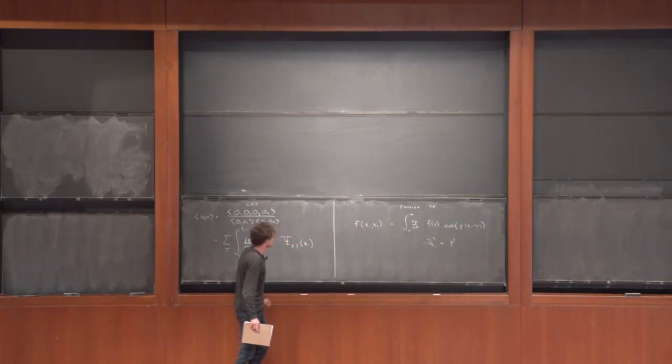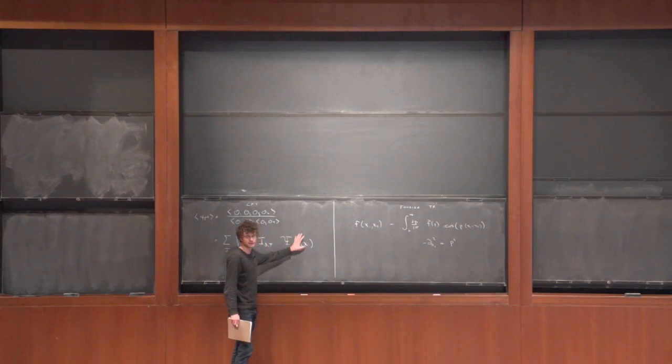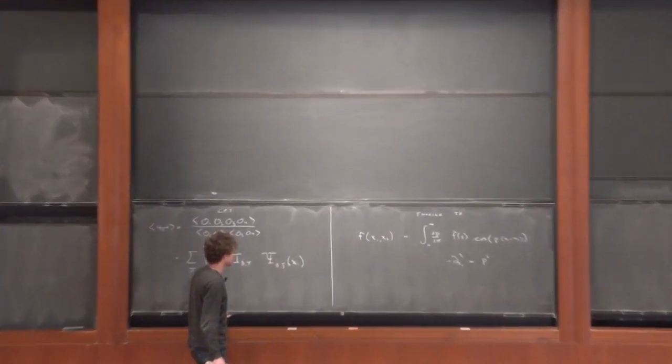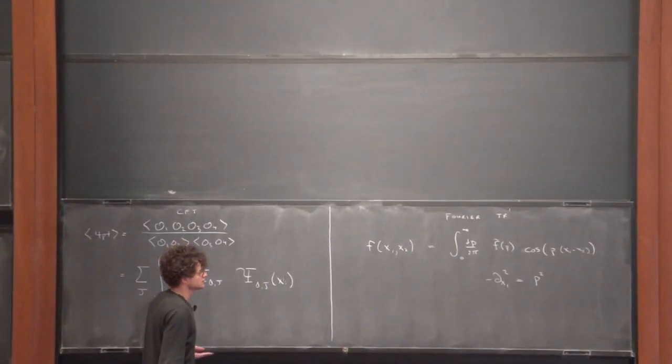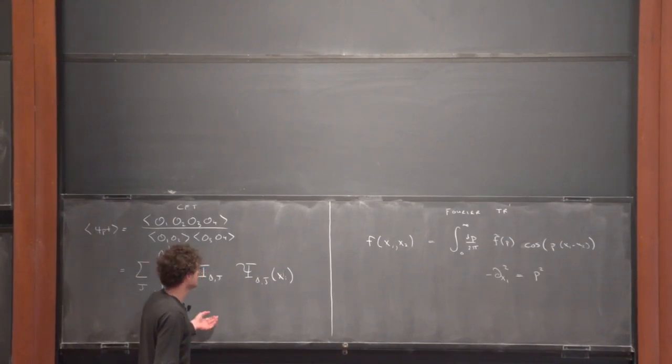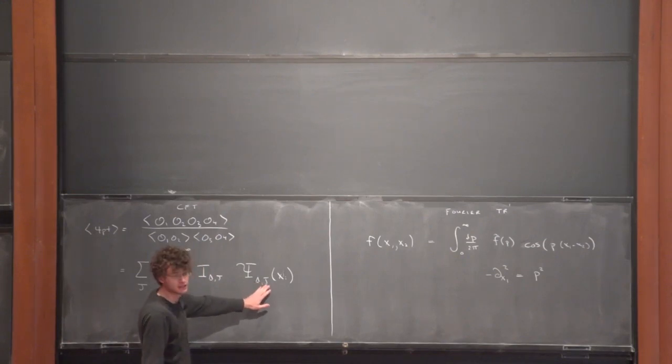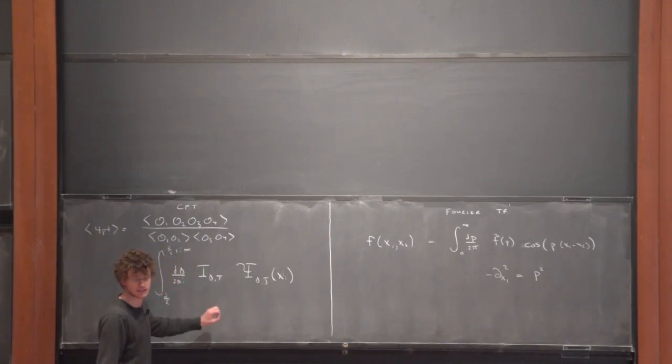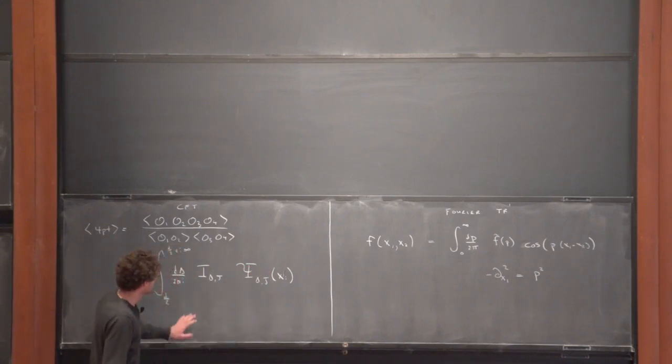Similar to the cosine, they're a sum of 2 terms, the block and the shadow block. And they are eigenvectors of the conformal Casimir operators acting on points 1 and 2. And they have eigenvalues that are related to the dimension and the spin, delta and j. So that's what these functions are. And here we're just expanding in the basis of those functions.